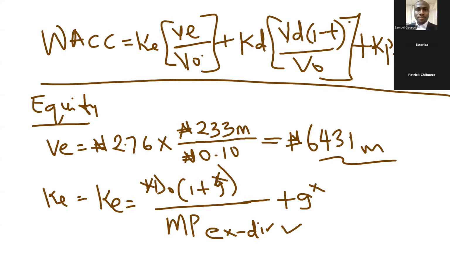So among all these variables, the only thing we have is the market price. Do you understand me? So we need to find dividend and growth rate. Let us go on. Now, how do we get dividend?